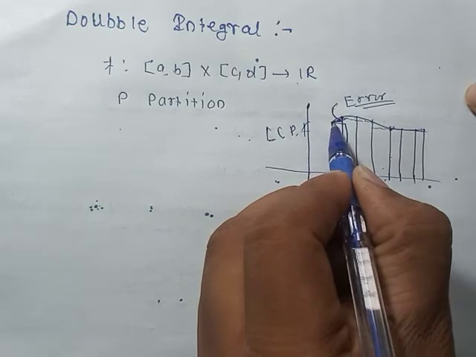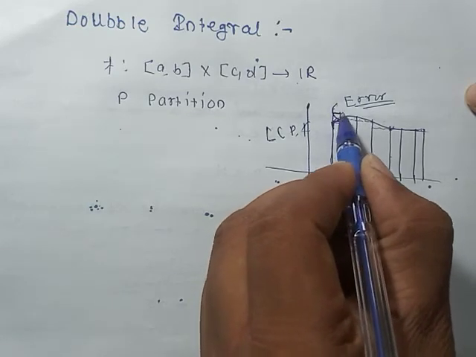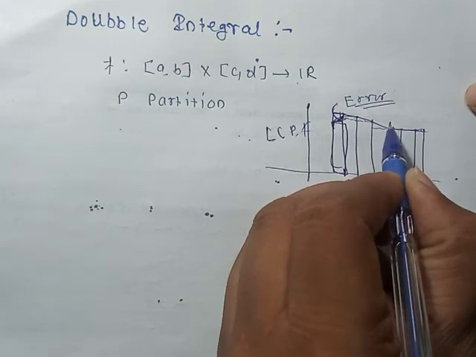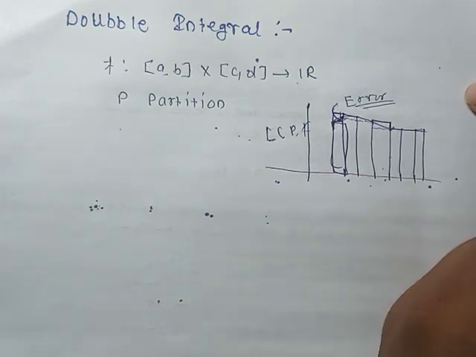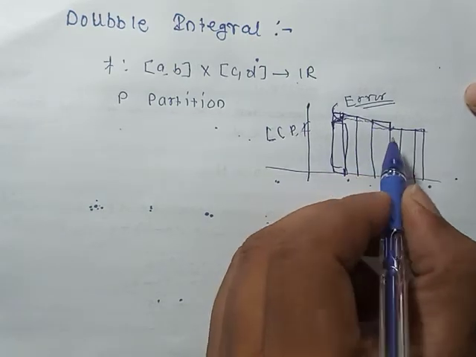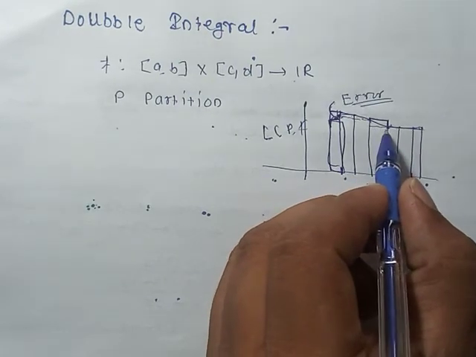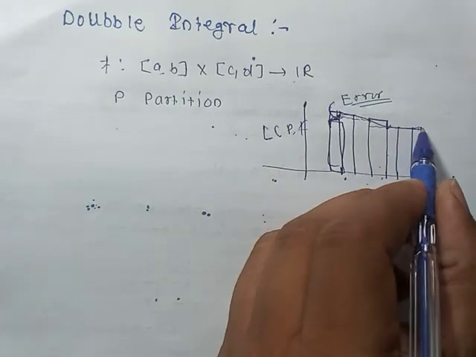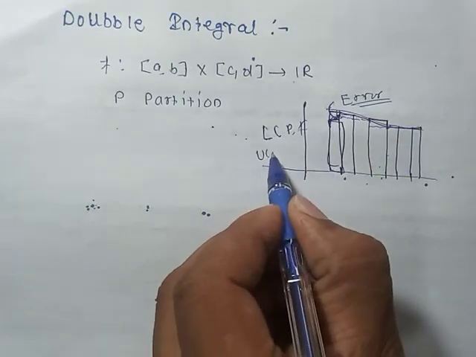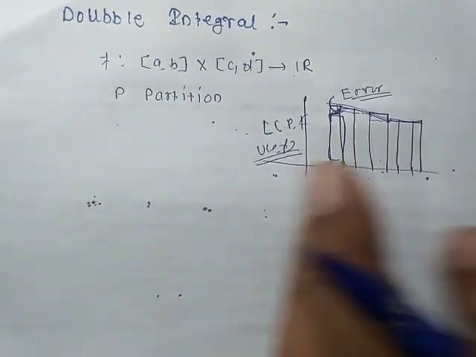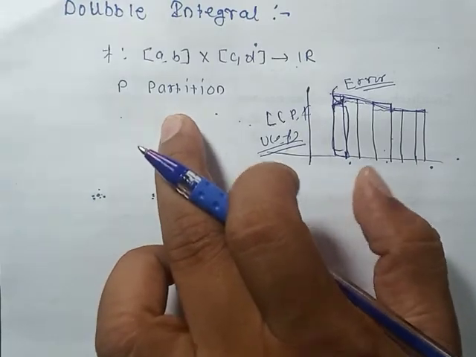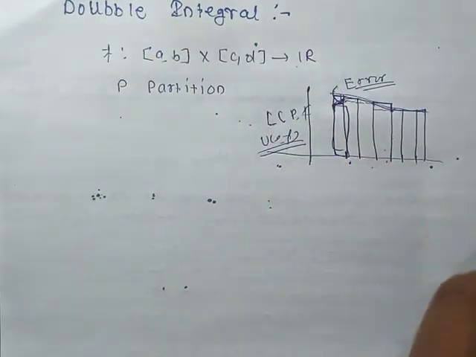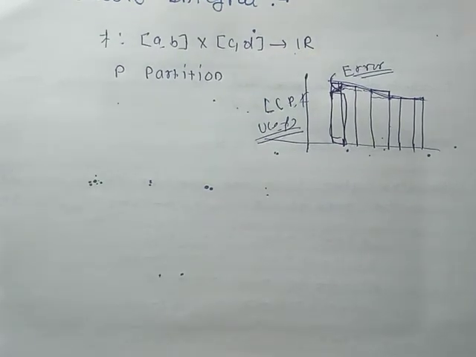And if we collect the rectangles which lie on the upper side of this curve, then this is called an upper sum. So this is basically the use of partition. In order to draw the rectangles, we use the partitions.